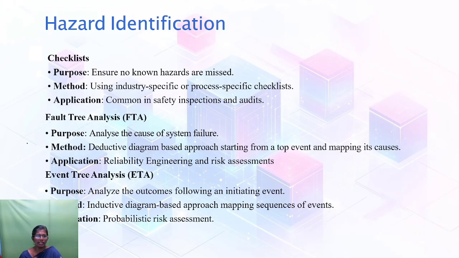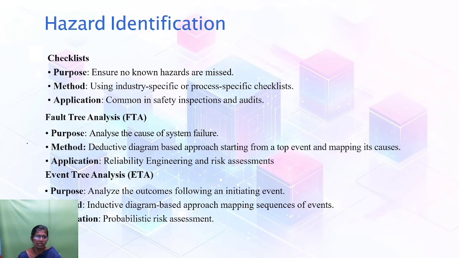The next method is fault tree analysis. In this method, we are finding out where failure is occurring. This is represented diagrammatically, starting from a top event and mapping all its causes. This is also applied in reliability engineering and other risk assessment methods.